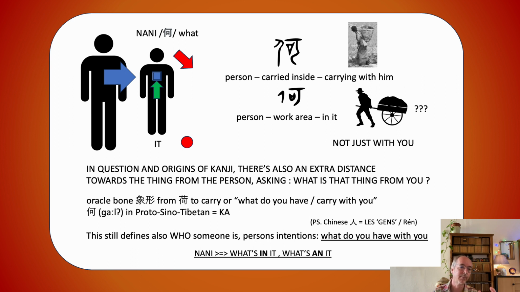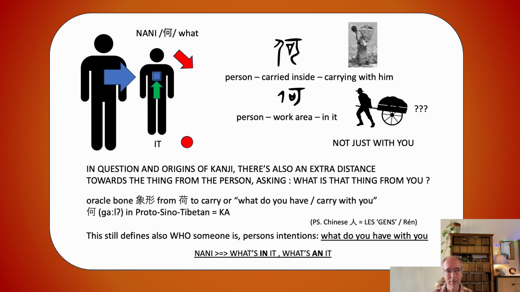While the word, first word that you can also recognize there is the Chinese letter of a person. In French, it's the Jean, and it's comparable. The Jean, les gens have something with them. It defines the persons, but it defines the persons with a distance from the person.